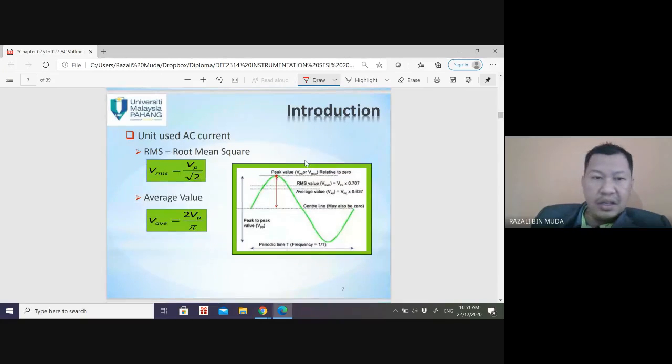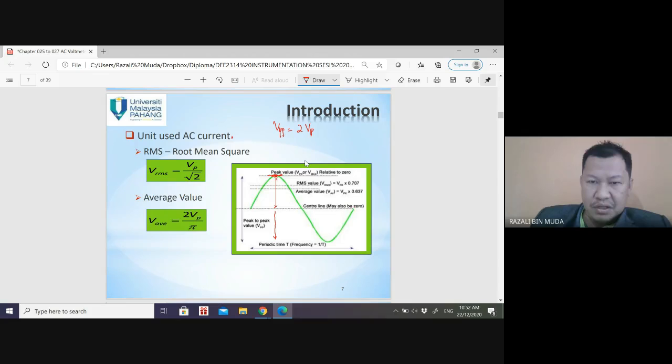In AC it is a little bit different from DC, because first we have RMS, root mean square. There are certain values in AC. First is peak, the highest value from 0 to the top. Another is peak to peak: V peak to peak equals 2 V peak.